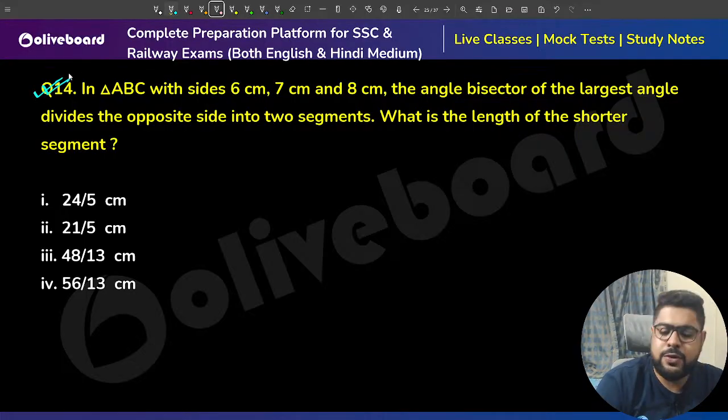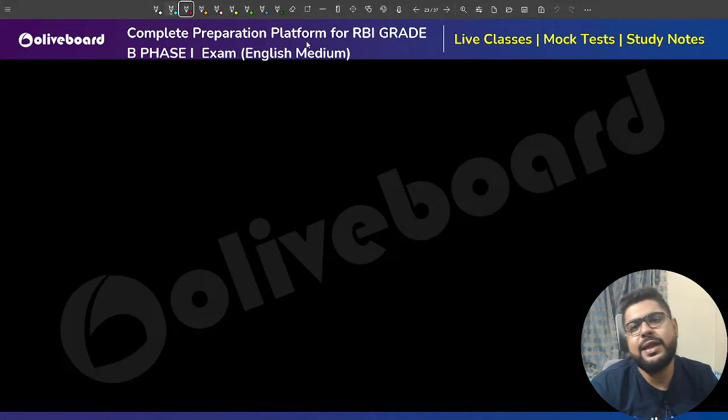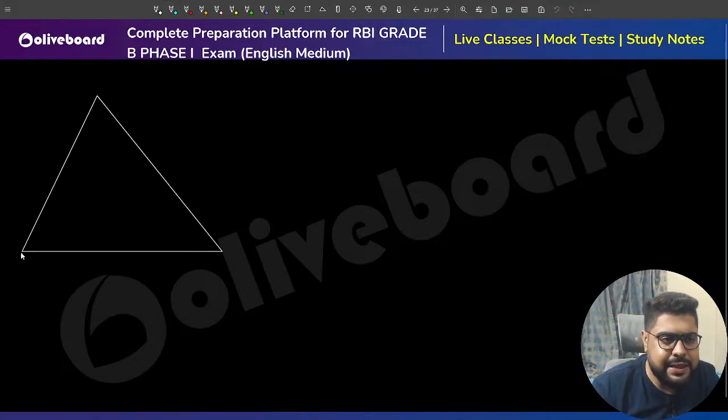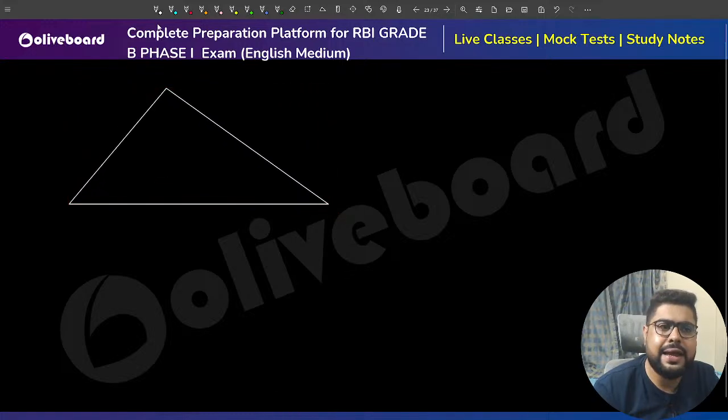Before we go into this, let me give you one theorem. Remember one thing. Say for example, there is a triangle like this one.